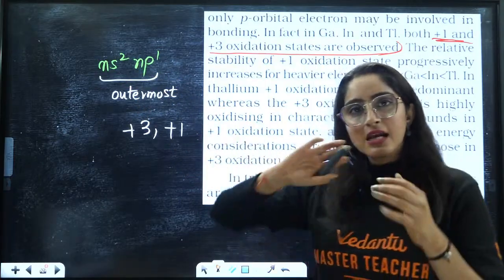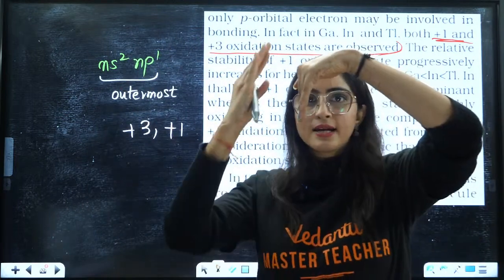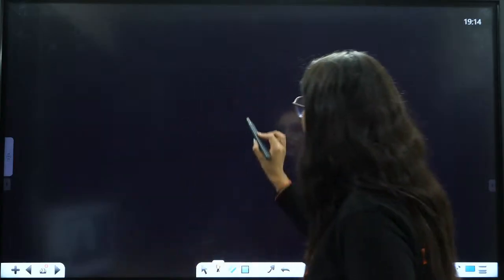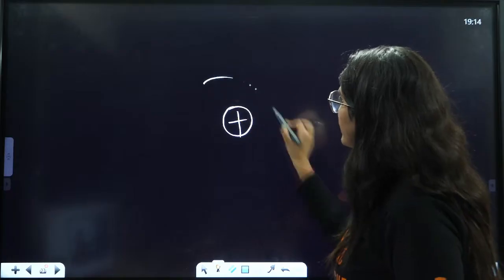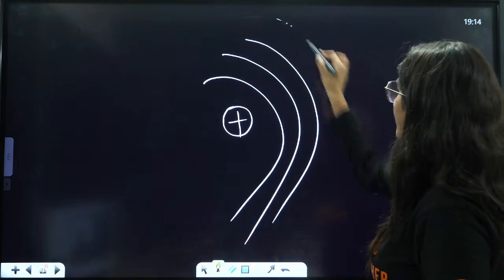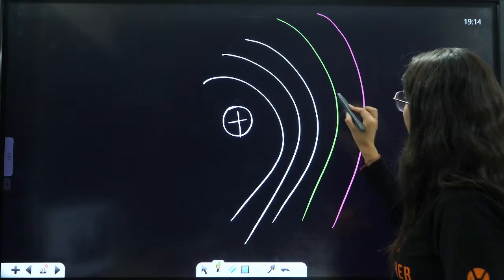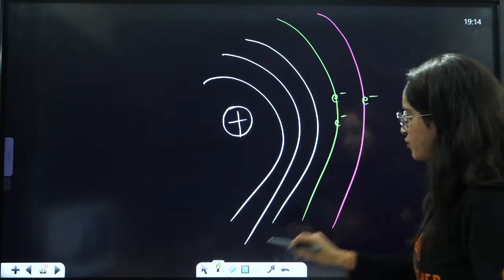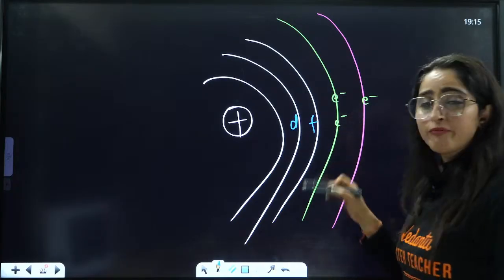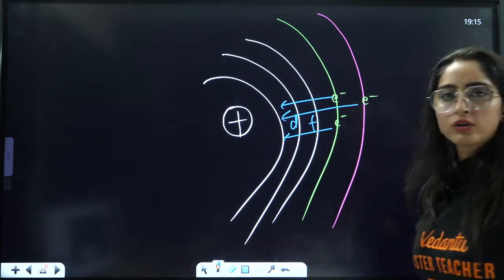Why? Because the p orbital is still more outer as compared to the s orbital. This is s and this is p, and this is the nucleus attracting the d electrons. The d and f electrons have a poor shielding effect, so the electrons get attracted toward the nucleus.